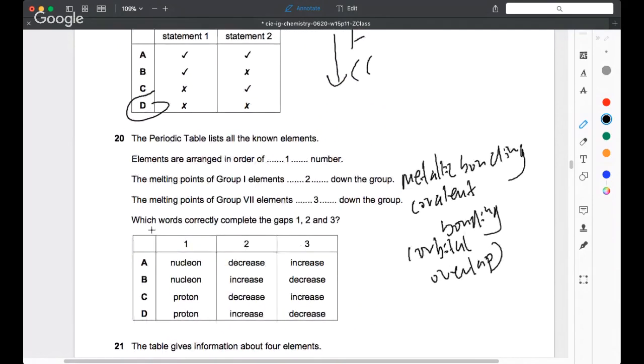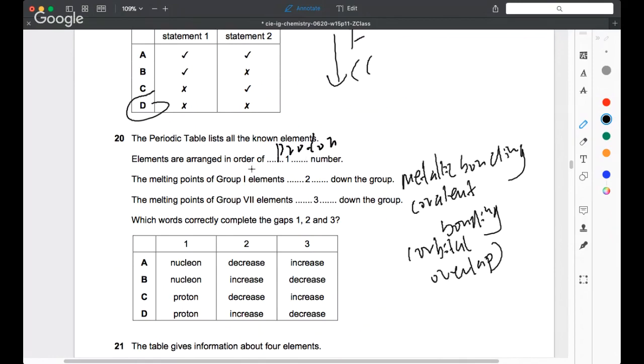So question 20. So elements are arranged in order of proton numbers. You know that because this is a definition of the periodic table.